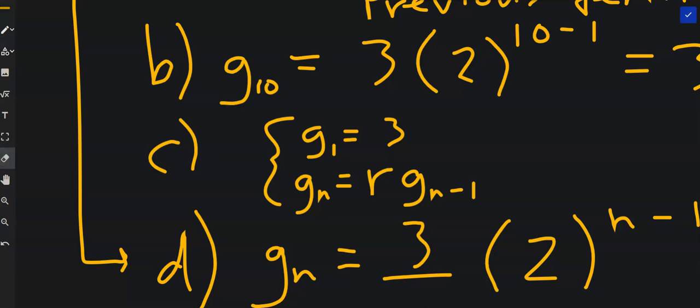What is the ratio? 2. So there's really only two values that need to be filled in: the first term and the multiplier, the ratio. And those are G for geometric, right? G sub n equals 2 times G sub n minus 1.